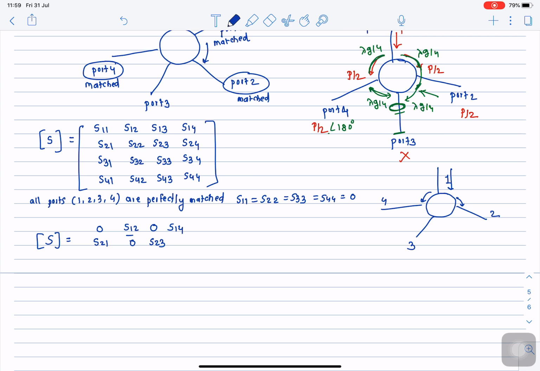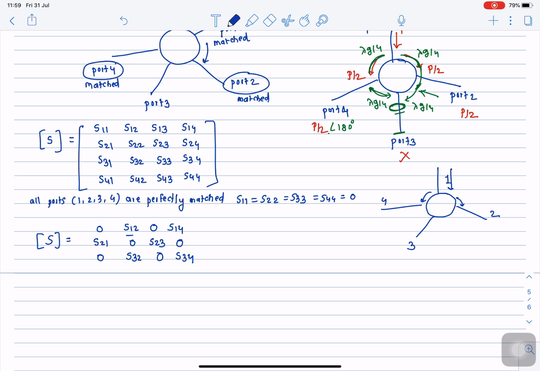Similarly S31 means 1 to 3, which is not possible, so it is 0. 2 to 3, yes, possible, S32. S33 is already 0, and 4 to 3 is possible again, that is S34. You need to read it opposite, please remember, from the second suffix to the first suffix.